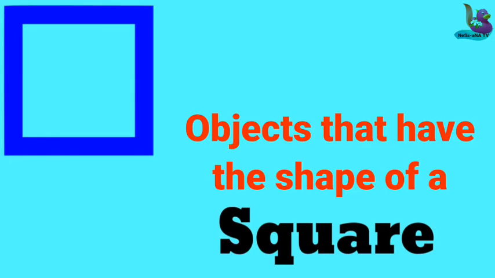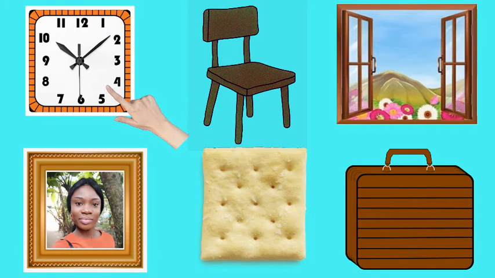Objects that have the shape of a square are clock, that is wall clock, chair, window, a picture frame, biscuit, and the lunch box.